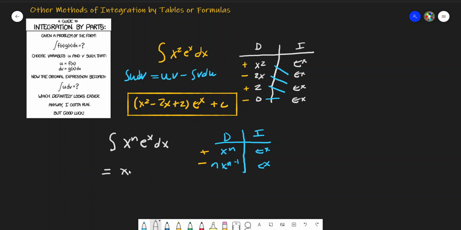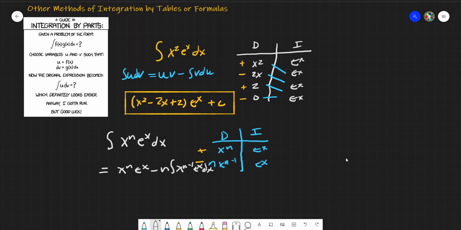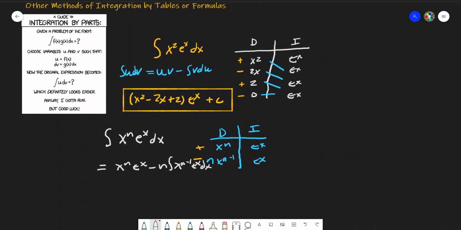It would be x to the n e to the x minus n times the integral of x to the n minus 1 times e to the x dx. So we have a nice formula in this case for an exponential function, x to the n times e to the x, right?